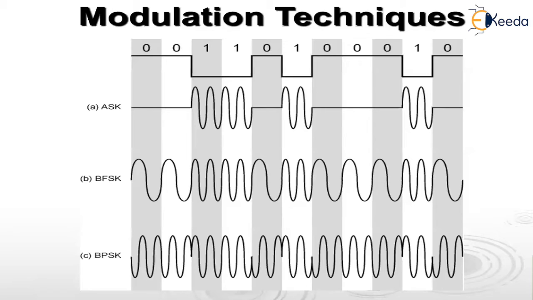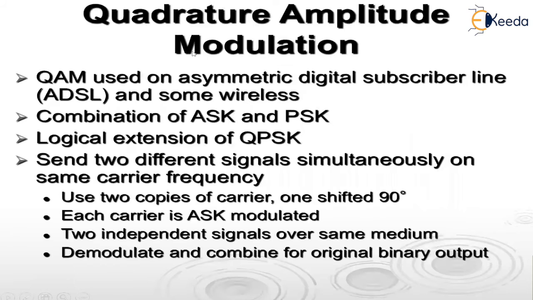Differential PSK avoids the requirement for an accurate local oscillator phase at the receiver that is matched with the transmitter. As long as the preceding phase is received correctly, the phase reference is accurate. Other variants of the phase shift keying techniques are QPSK, OQPSK, that is offset quadrature phase shift keying, and then quadrature amplitude modulation.